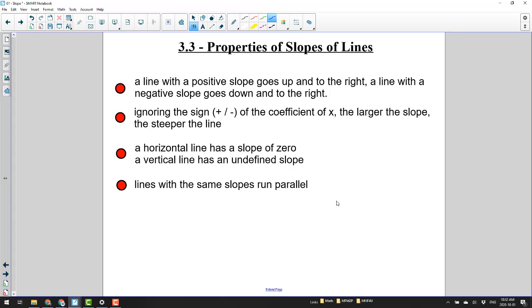If we understand this, you start getting an idea of what every line is going to look like, right? So if I were to give you a random line, y equals 3x minus 7, I can start thinking about this in my head and saying, okay, if my slope is 3, I know it's going to be a little bit steeper than 45 degrees.